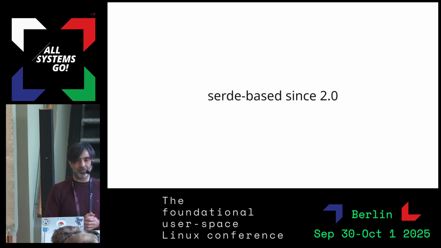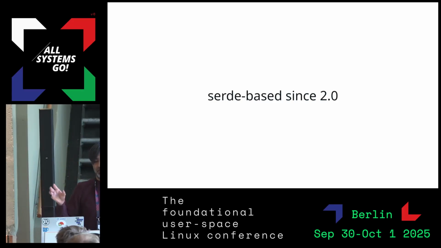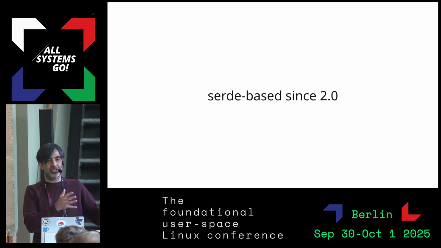Serde is a framework in the Rust world, if you don't know, which makes serialization and deserialization super easy. It's really nice to use, and one of the biggest points of it is that it decouples the specific serialization and deserialization formats from you making your types serializable or deserializable. So it completely decouples it.